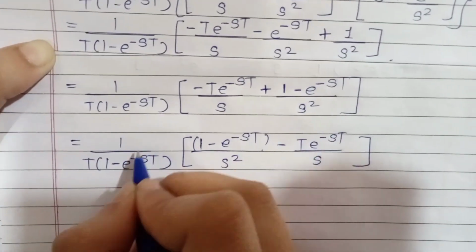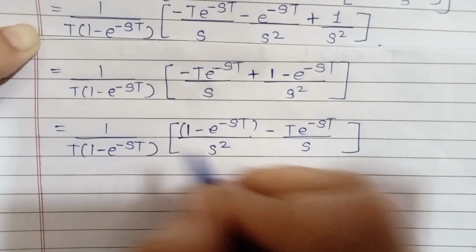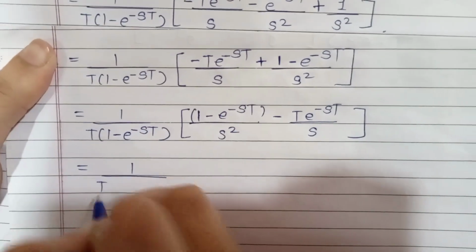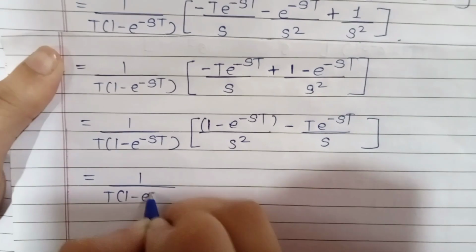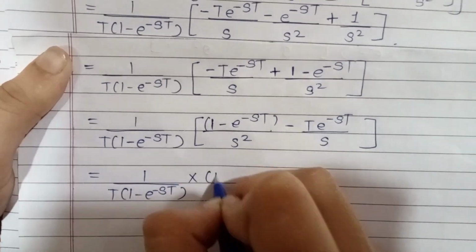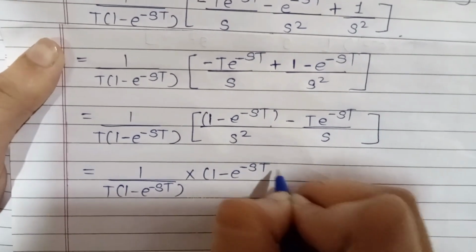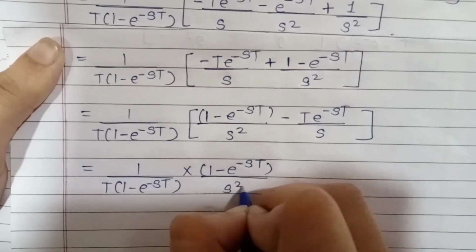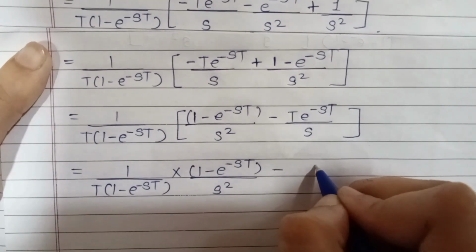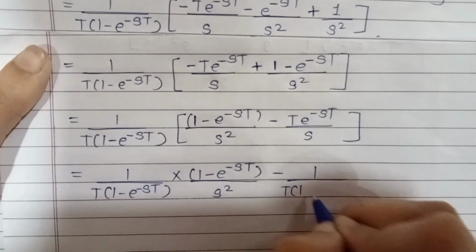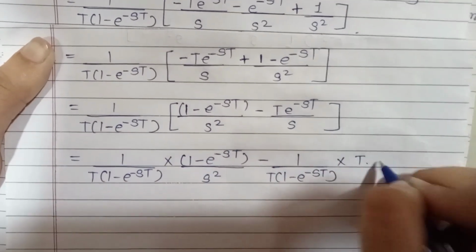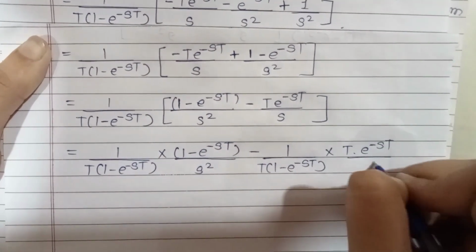Now we'll multiply this bracket with the terms inside the bracket. We'll get 1 upon T in bracket 1 minus e raised to minus sT into 1 minus e raised to minus sT upon s square, minus again multiplying, 1 upon T into 1 minus e raised to minus sT into T into e raised to minus sT upon s.